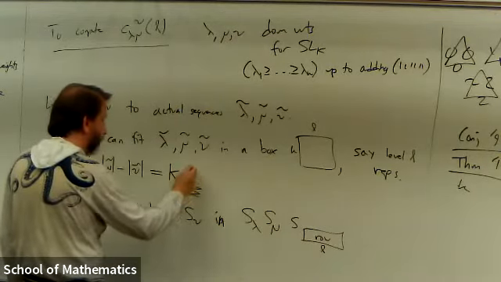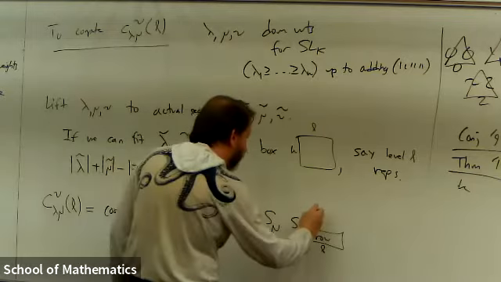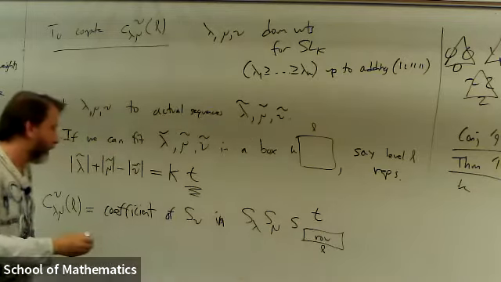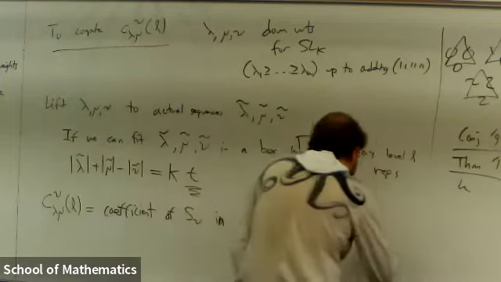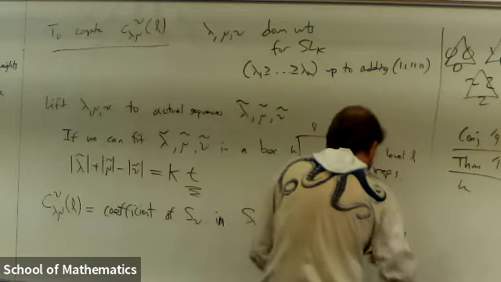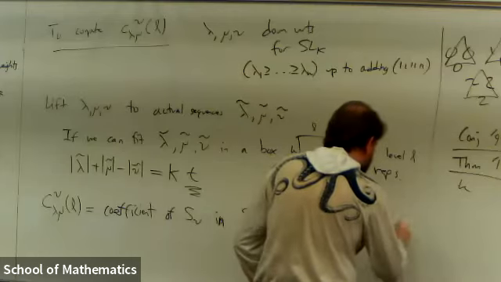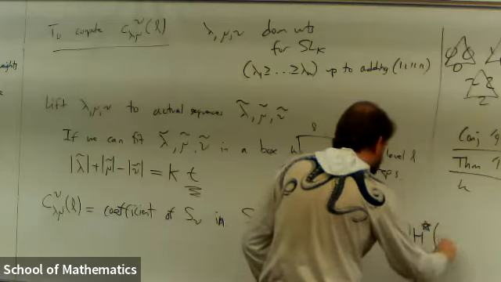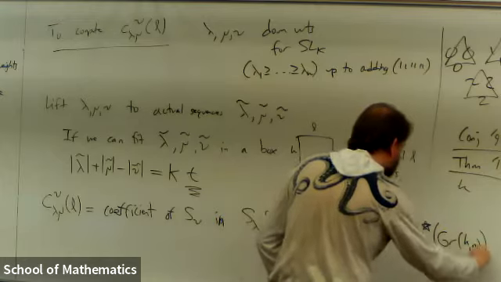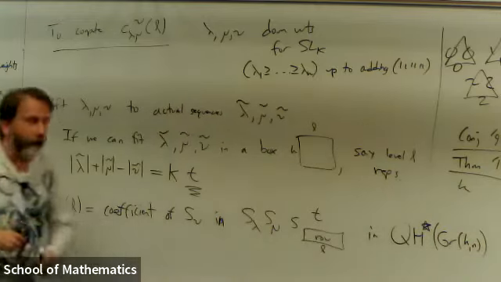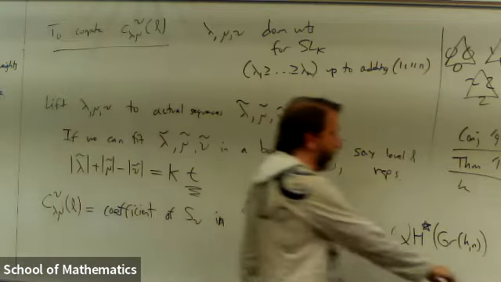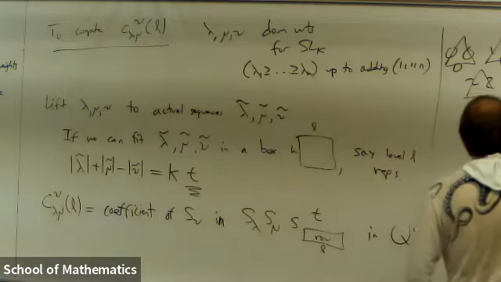How about I take T here? Raised to the T power. But in the quantum cohomology, not the ordinary cohomology. So I also need to tell you how to compute in quantum cohomology.